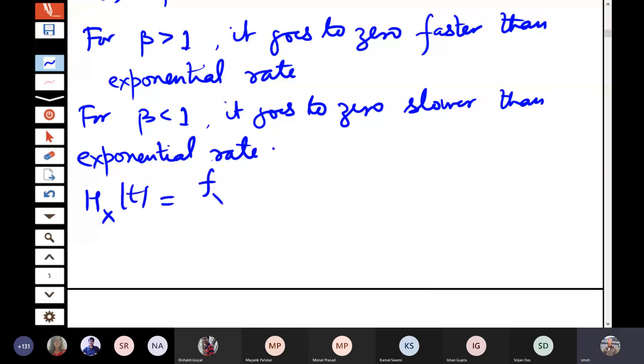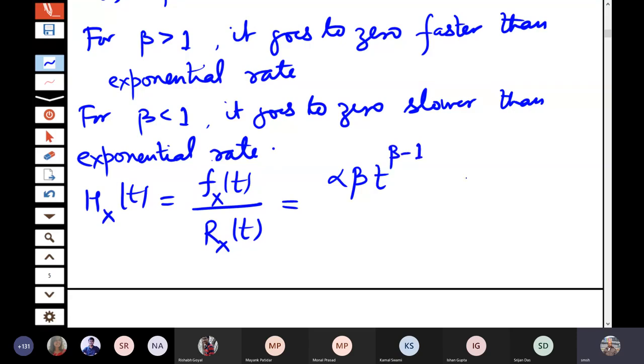Failure rate is f(t) divided by R(t). So you will get alpha beta t to the power beta minus 1. Then you have e to the power minus alpha t to the power beta divided by e to the power minus alpha t to the power beta.